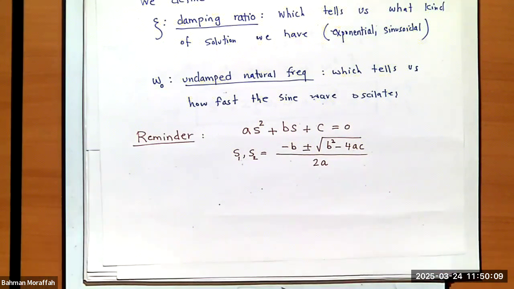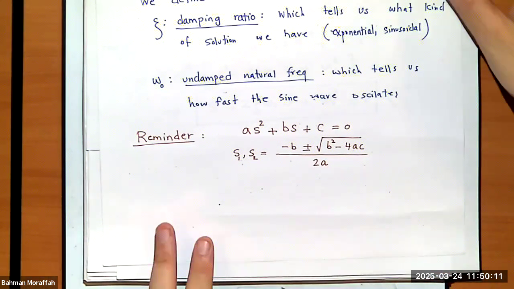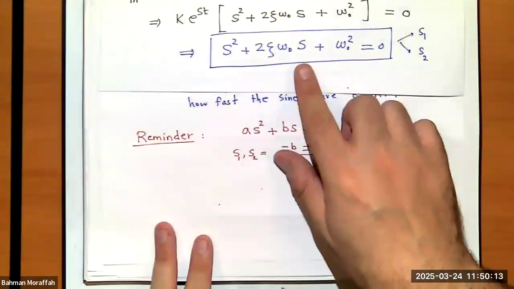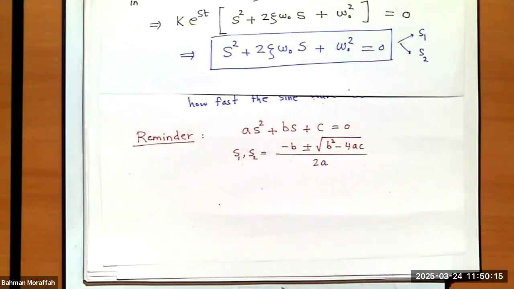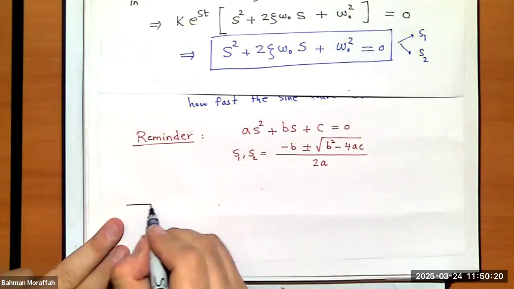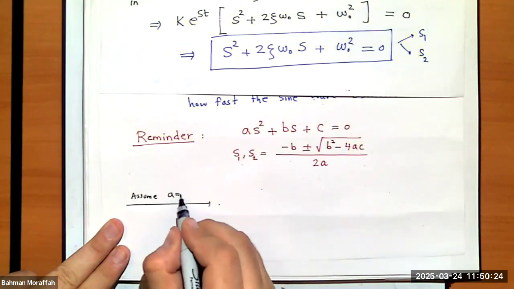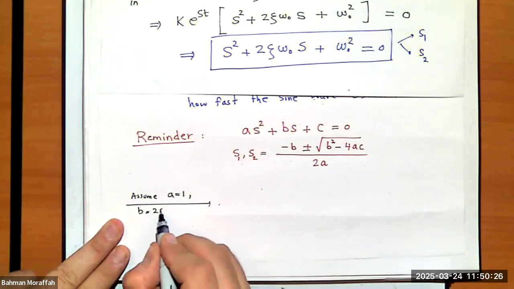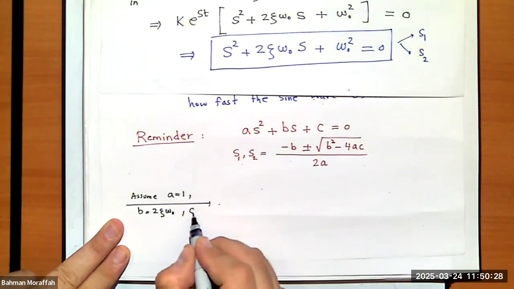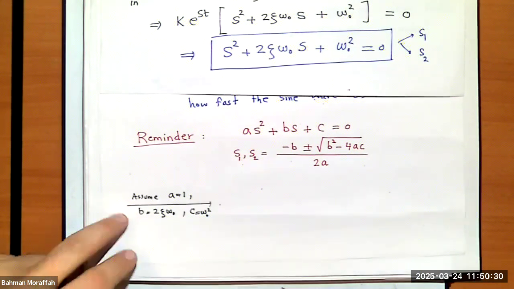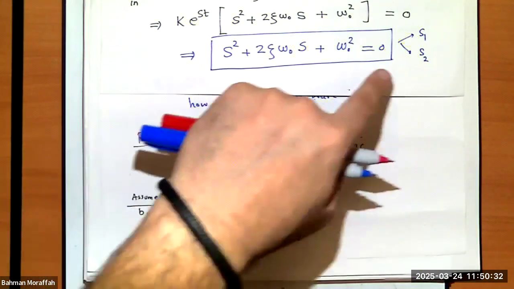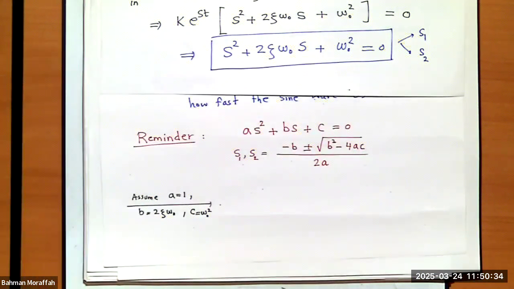This is a general formula. I can absolutely apply it to this. So assume a is 1, b is 2 zeta omega naught, and c is omega naught squared.